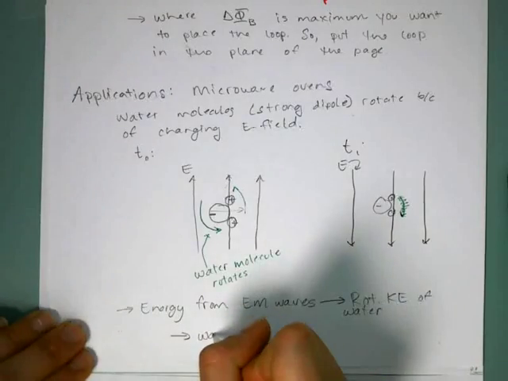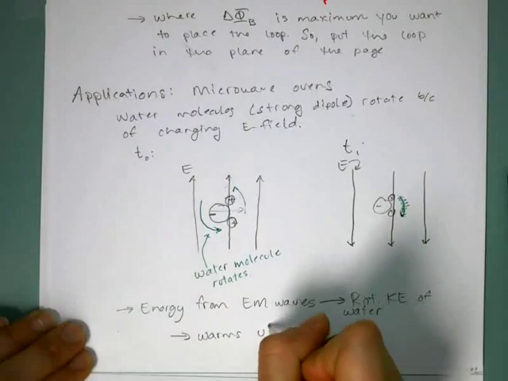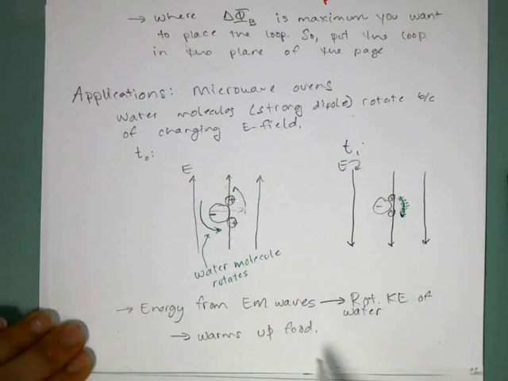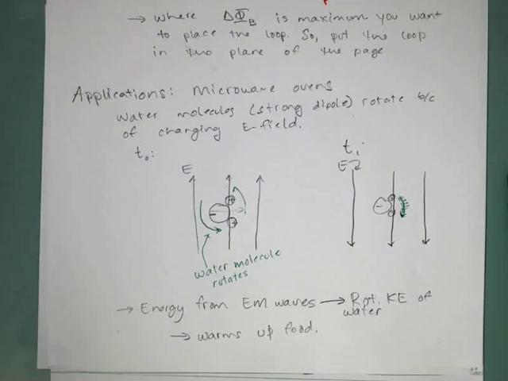And from there, that warms up the food. So once you have those water molecules vibrating, then the molecules next to the water molecules will vibrate over and over again.